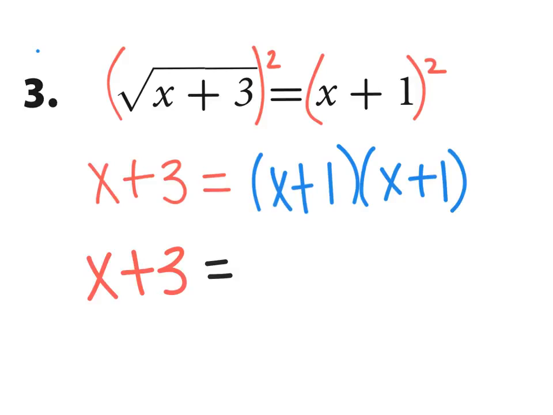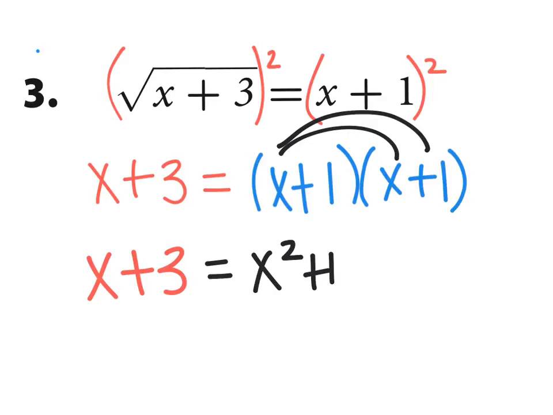And in order to actually solve it, I need my quadratics to equal what? 0. Always. So to distribute on the right side, x times x is, okay, first outside, because I need to do the OI part of FOIL, not just the FLA, plus 1x, plus 1x, plus 1.